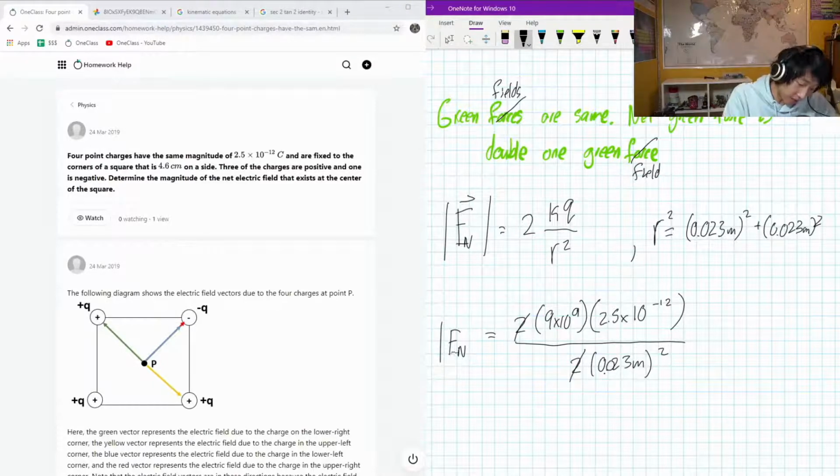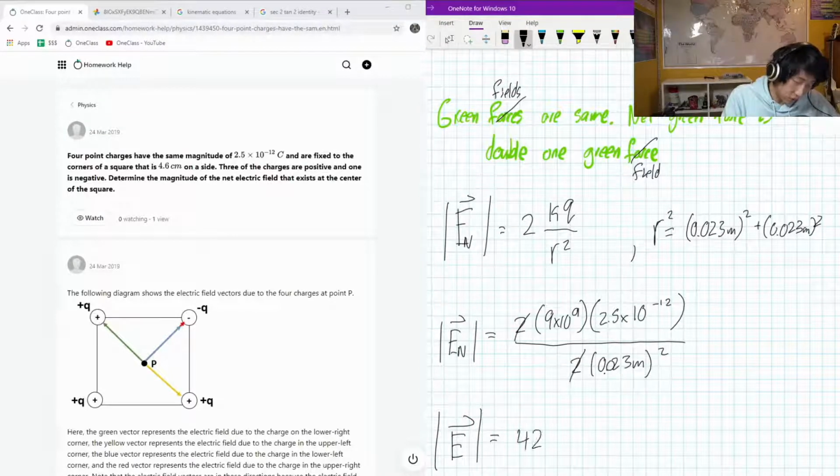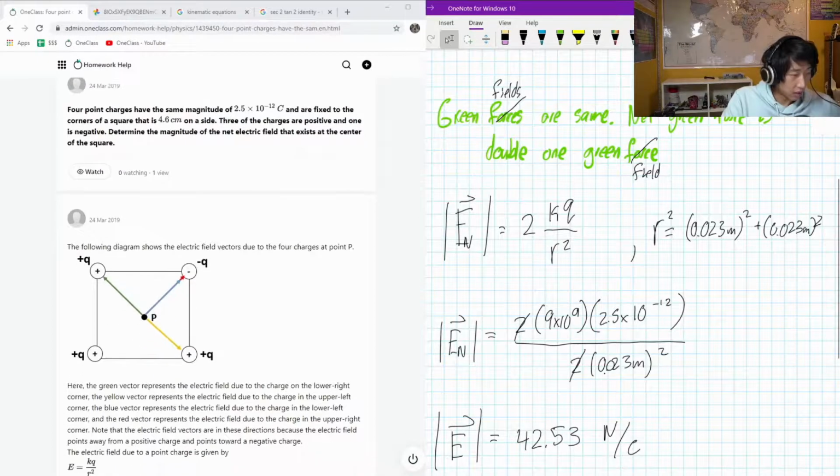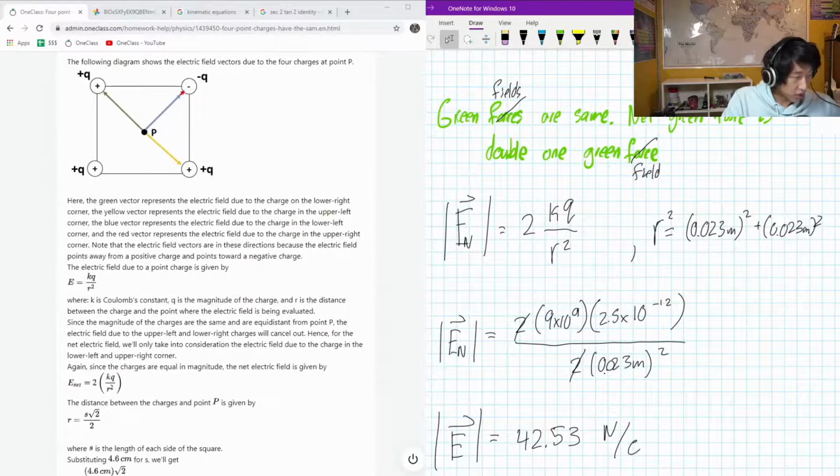This should be electric field, so it should be an E. So the net electric field is going to be 42.53 newtons per Coulomb. Okay, that's going to be the magnitude. Hopefully we came to a similar conclusion here.